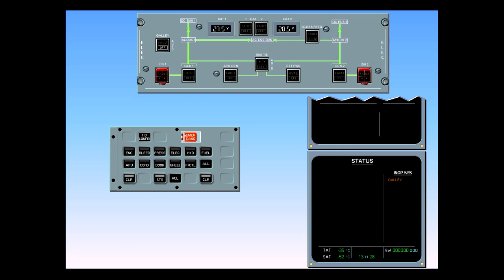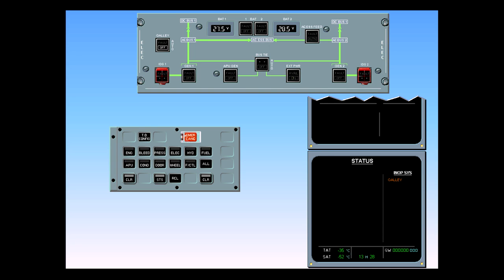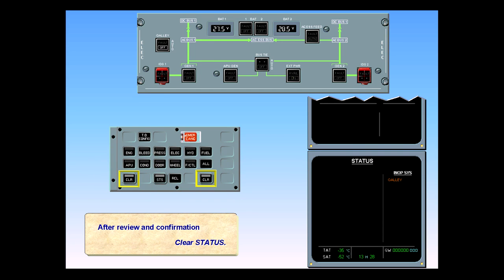The only inoperative item is the galley. After review and confirmation, clear status. ECAM complete. Screens normal. The system display has reverted back to the cruise page.